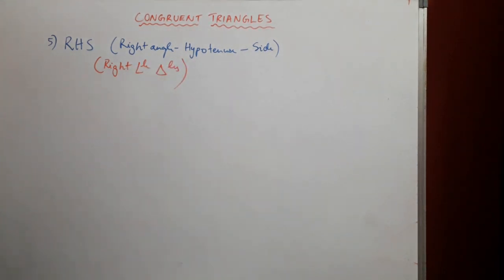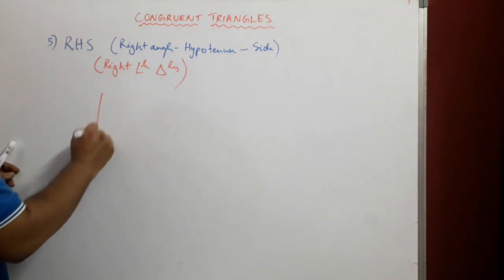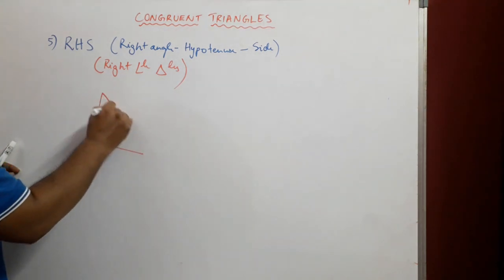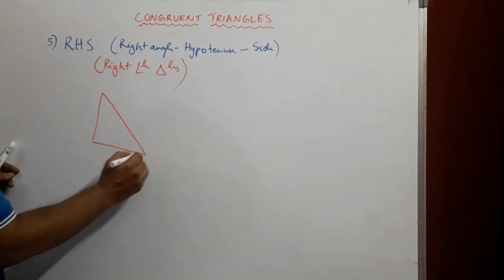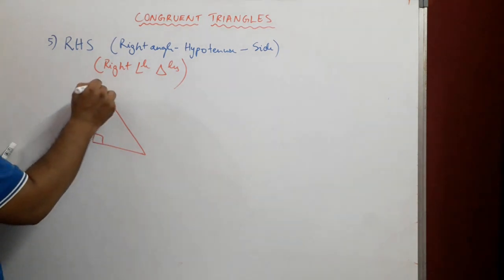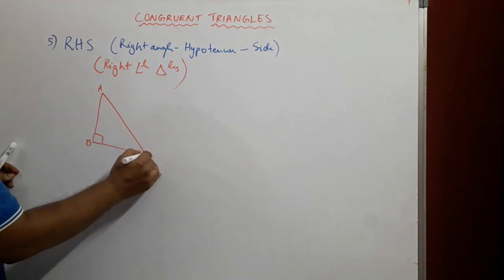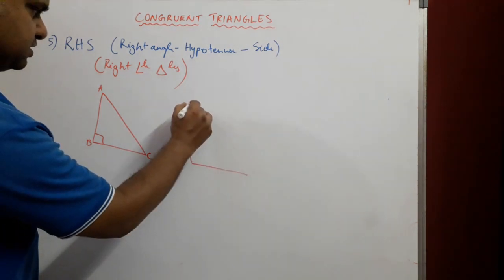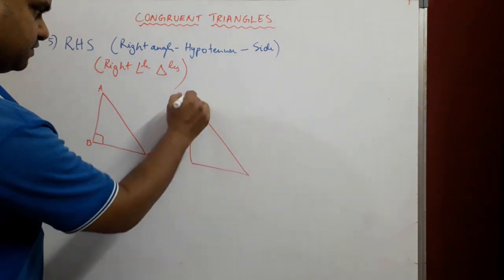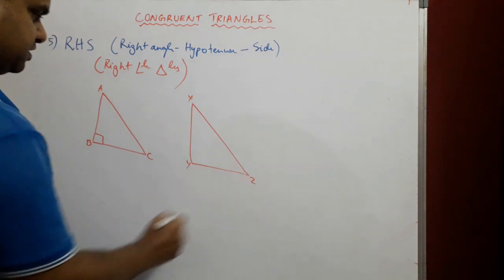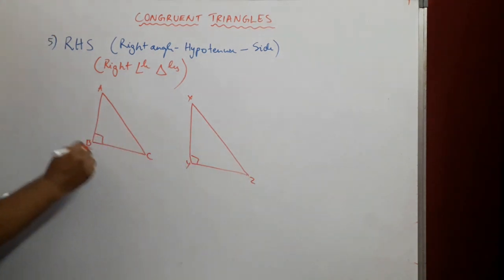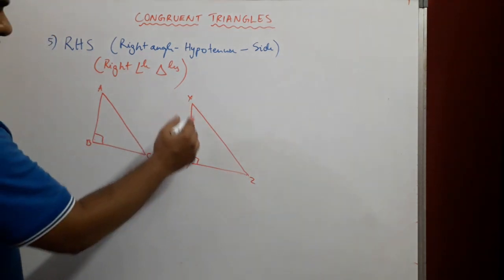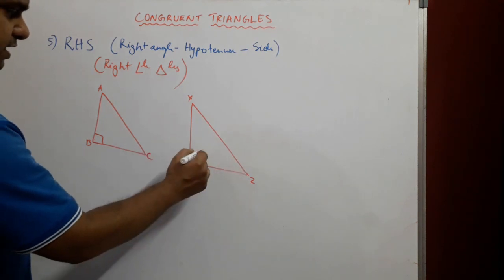So here we need two triangles to be right angled. So there has to be a right angle in the two triangles. So take two triangles and both are right angled. We have ABC and XYZ, and ABC is right angled at B, and XYZ is right angled at Y.